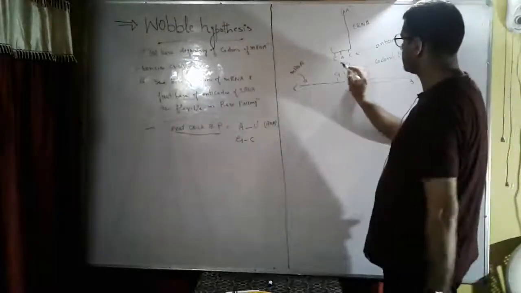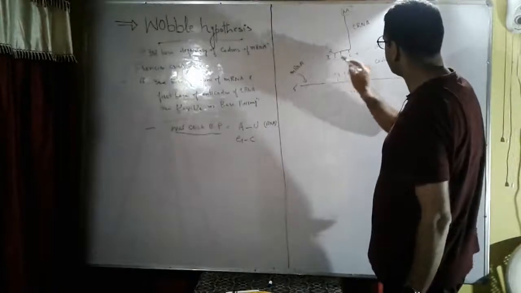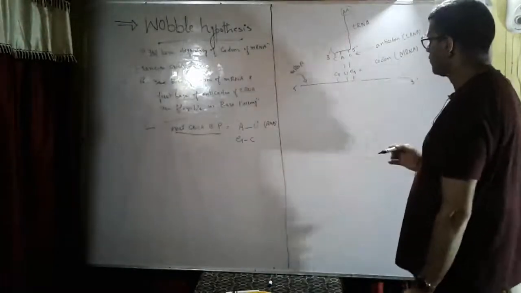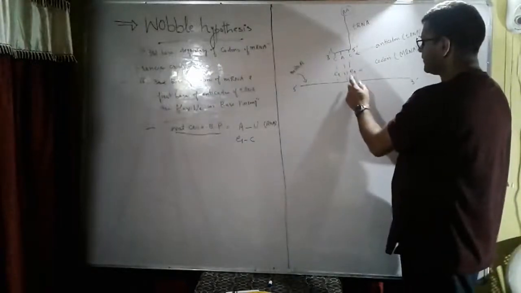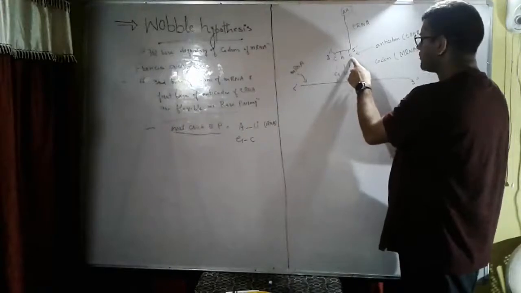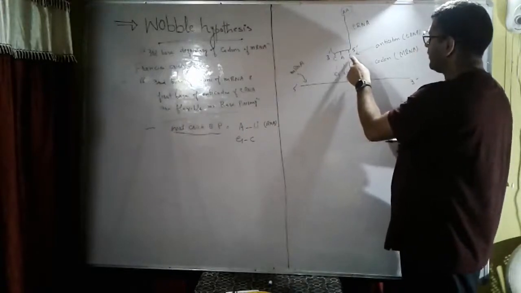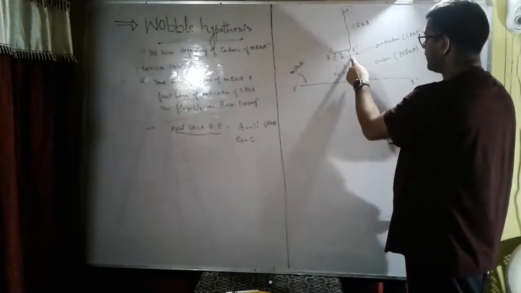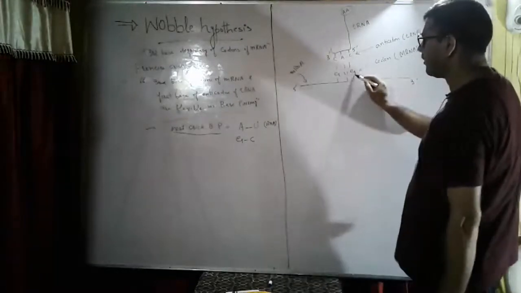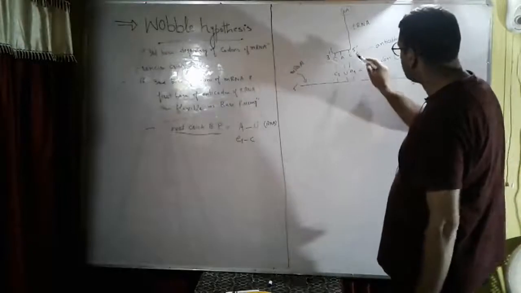Obviously, this is the 3' end and this is the 5' end of the tRNA. So the first base of the anticodon of tRNA and the third base of the codon of mRNA are flexible in their base pairing.